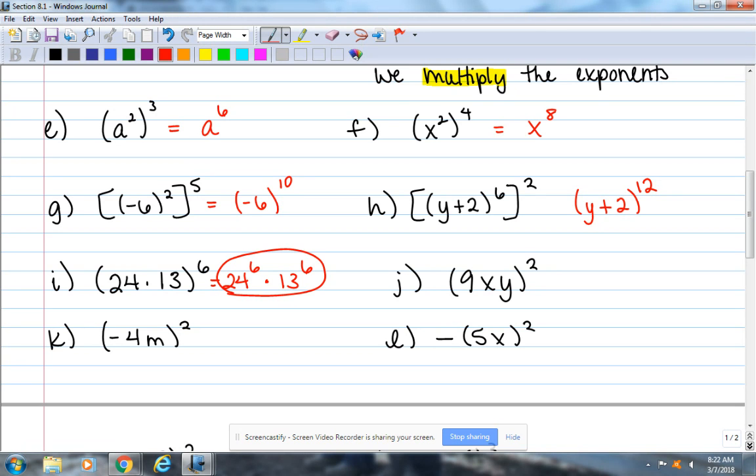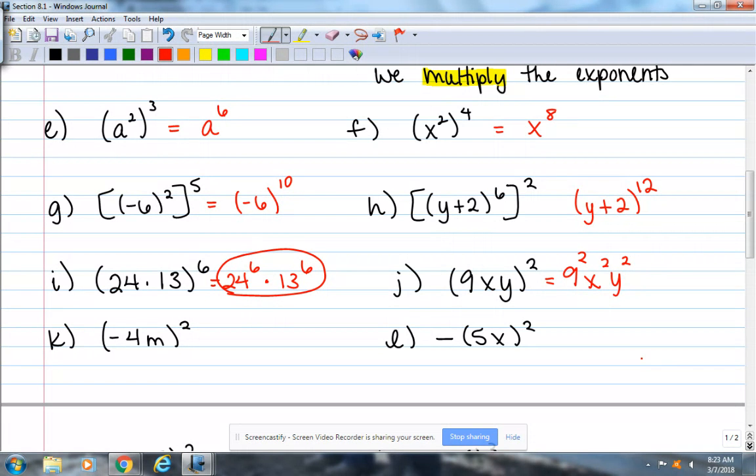So look at J. 9xy, all of it is squared. 9xy, everything is squared. So that means every term inside gets the square. Now the most common mistake, y'all, is people not squaring the number in front. So this is going to be 9 squared times x squared times y squared.